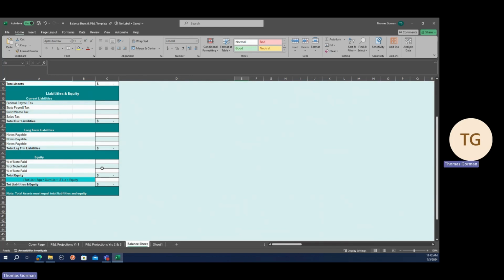And startup balance sheets are fairly simple. Generally, startups don't have a lot of assets. These are not going to be complicated balance sheets, very simple. So don't let these intimidate you. They're really not that complicated.